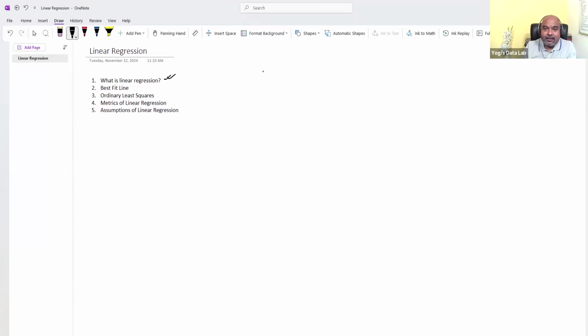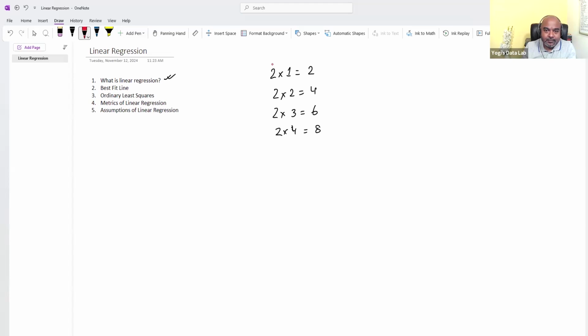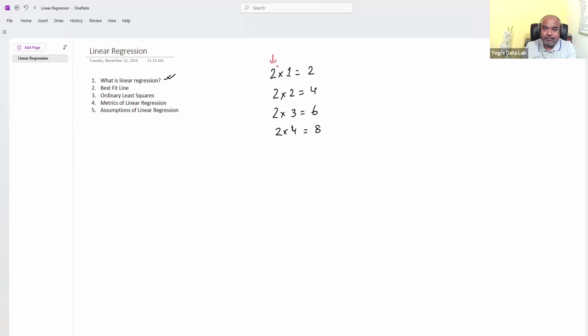Let us say that we talk about the multiplication table of 2. So 2 cross 1 is equal to 2. 2 cross 2 is equal to 4. 2 cross 3 is equal to 6. 2 cross 4 is equal to 8. If I have to plot this, how should I do this? If you notice here, this term is constant.